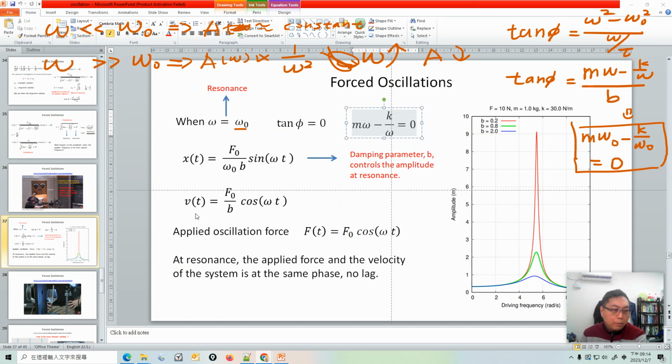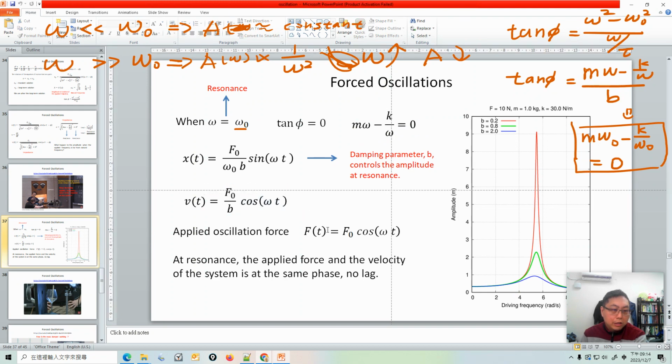So we look at the velocity at resonance. First of all, there is no lag, and the velocity is a cosine function. This cosine function is equal to our applied force: we apply F0, a constant, times the cosine omega t function. Our applied force is a cosine omega t function, and our velocity at resonance is also a cosine omega t function.